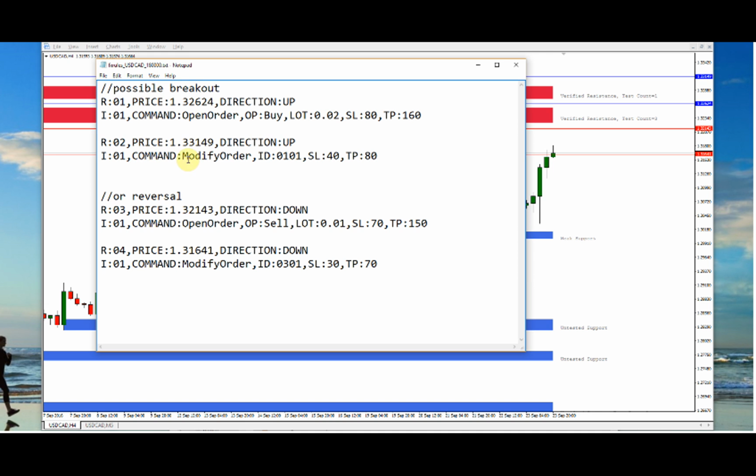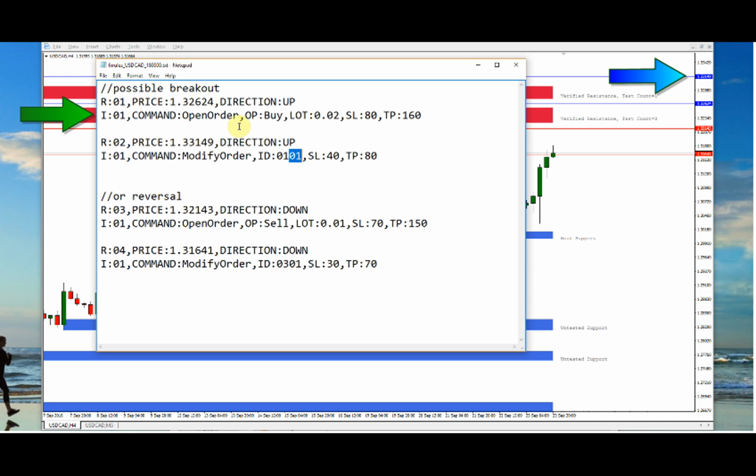The command we use in this case is modify order, and that is executed when this price level is crossed, which is the one over here. It needs to refer to the correct order, so we have an ID for that, and we use the rule number 01 and the instruction number 01.